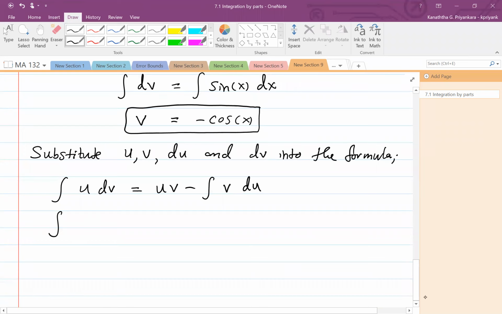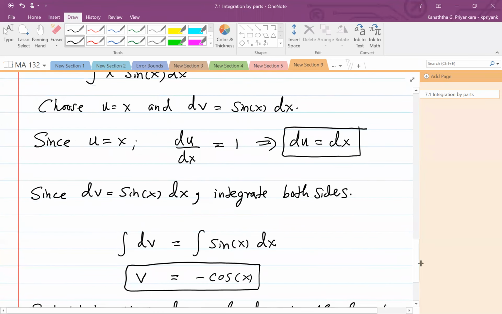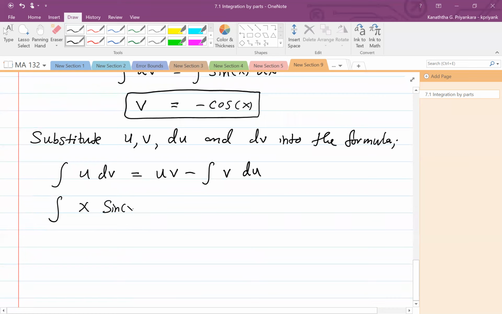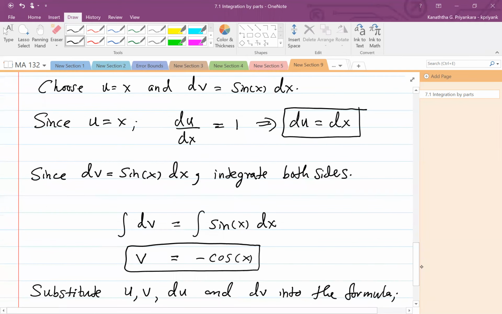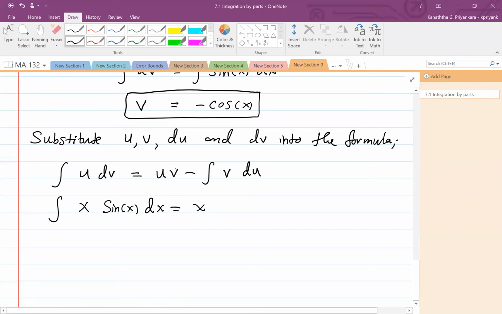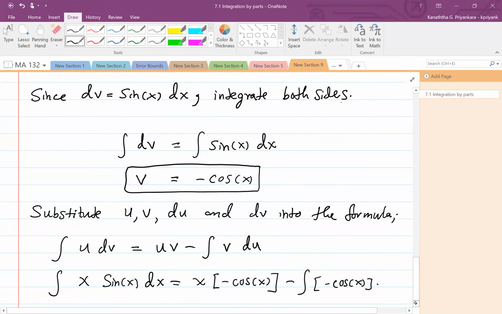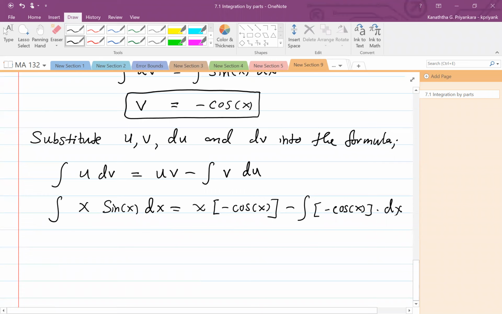In this problem, u is x and dv is sine x dx. And then u is again x, and v is negative cosine x, minus the integral of v, which is negative cosine x, times du. Du is dx in this problem, so this would be dx.